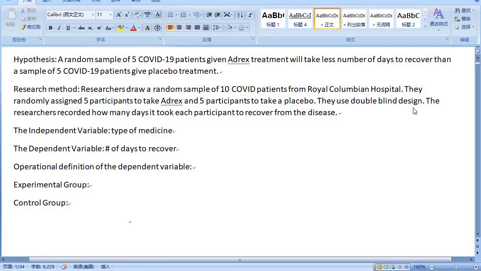What is a double-blind design? Double-blind means that each patient doesn't know whether he's taking the real medication or the placebo. This procedure prevents bias, prevents expectation effect. Suppose a patient knows, I'm taking the real medication, this is the real stuff. That might influence his or her feeling about his or her symptoms.